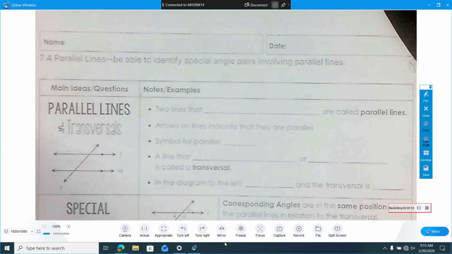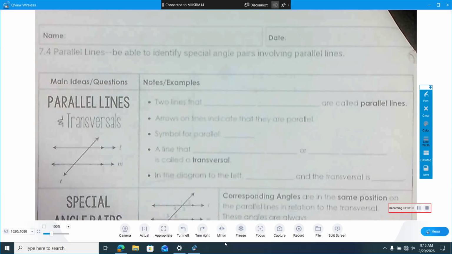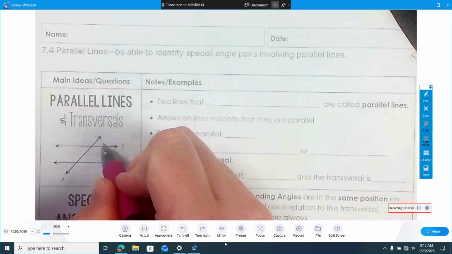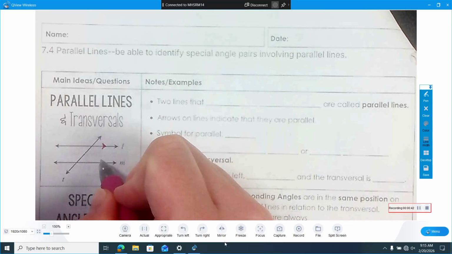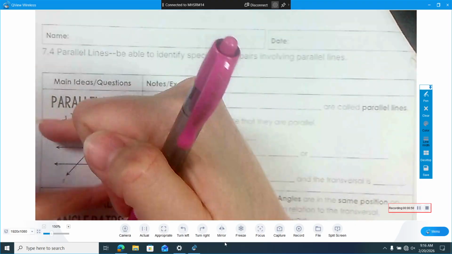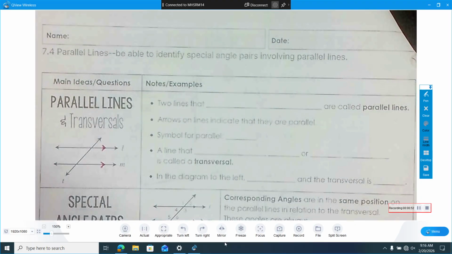Okay. So here we have a picture of parallel lines, and they have this little arrow on them right here, and those little arrows are special symbols in math that indicate that they're parallel. All right. So what do parallel lines mean? What are parallel lines? They're parallel.